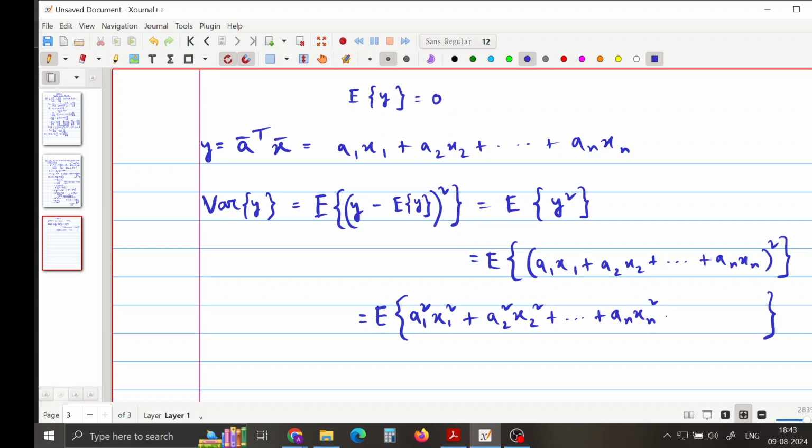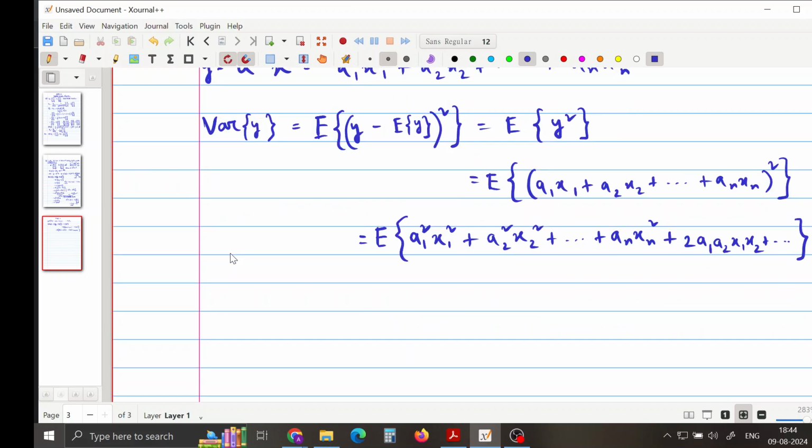And we also will have the cross terms, like the pairwise products. Let's say 2 times the product of the first and second term. So this is 2 a1 a2 x1 x2, and so on. You will have other terms as well, like this.